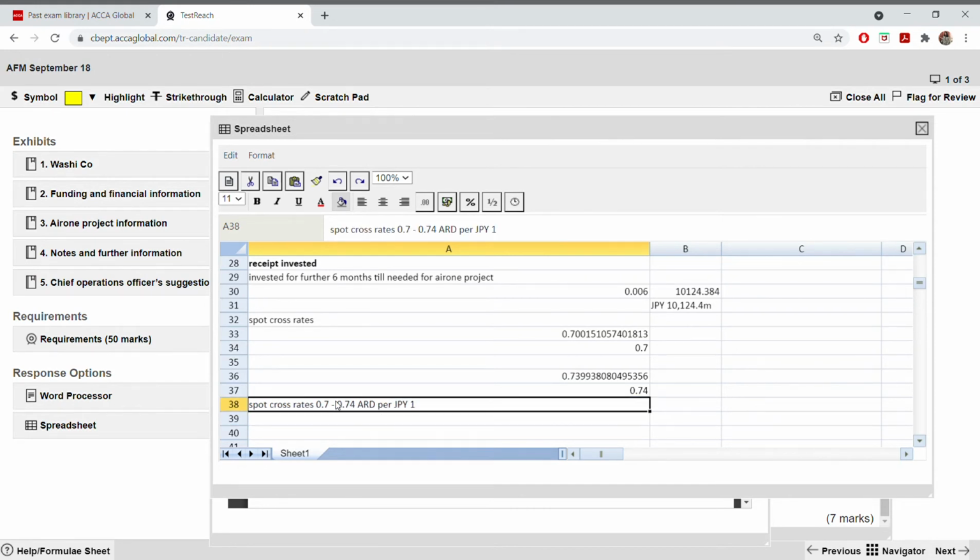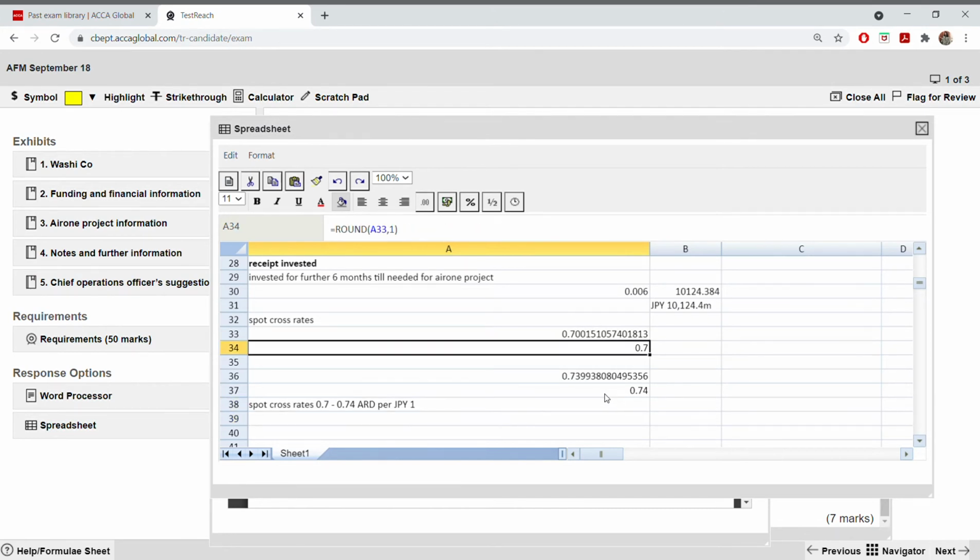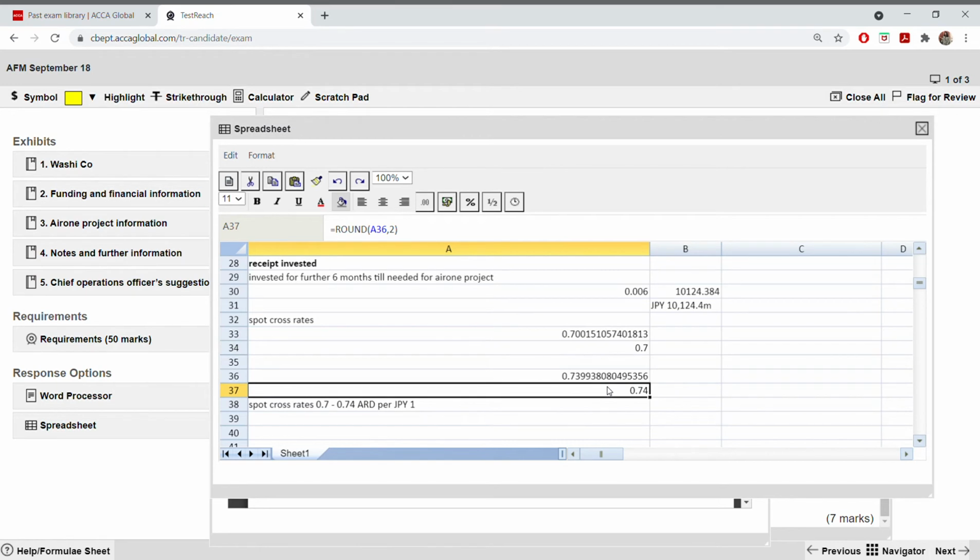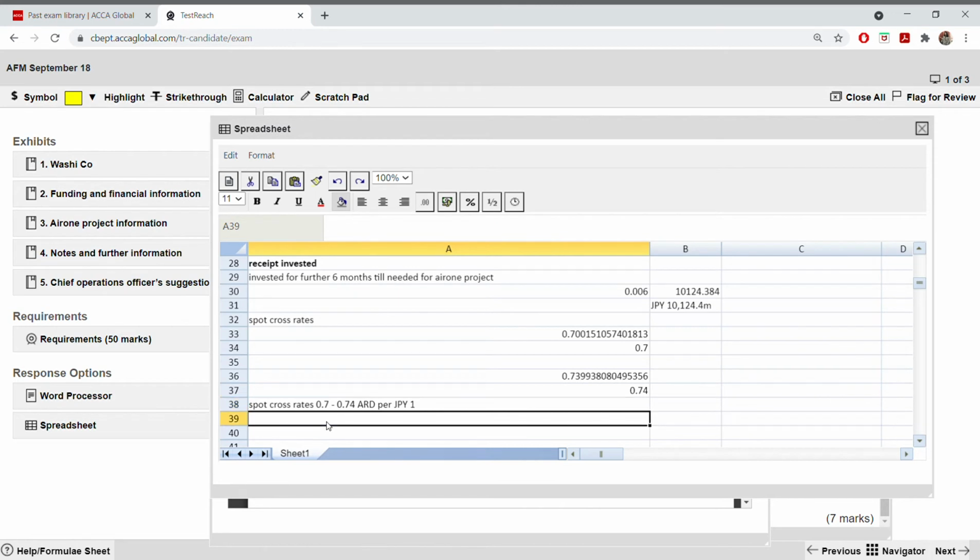Okay, this is how you write it. Make sure that you write it like this, otherwise it will be very confusing. You will not understand what is the 0.7 and 0.74. Why are we taking? You can have all this working, but you need to have this. Yeah, need to write it like this.